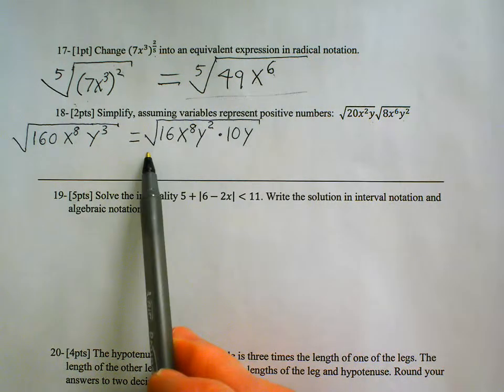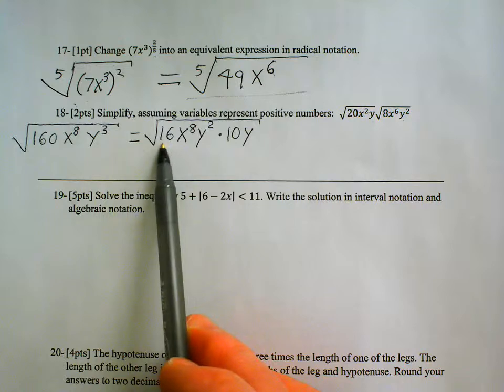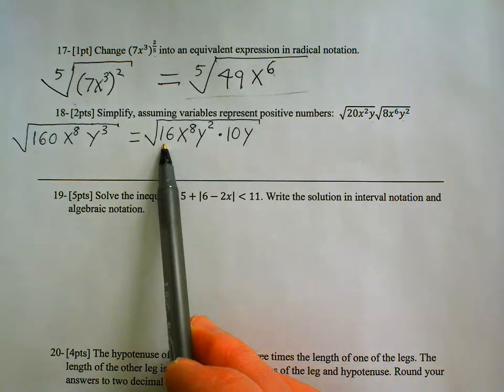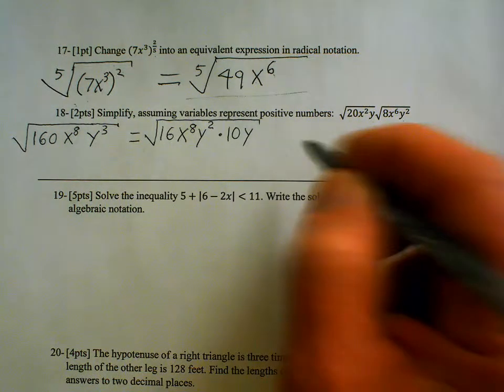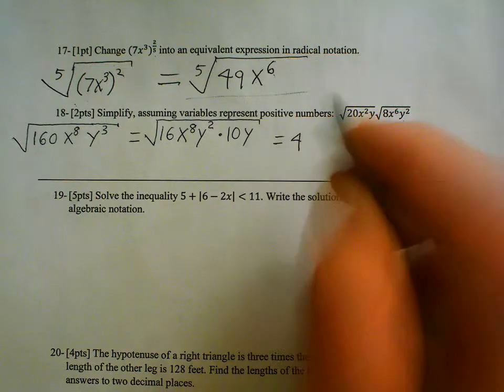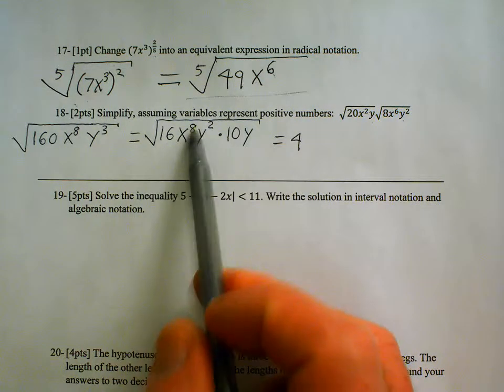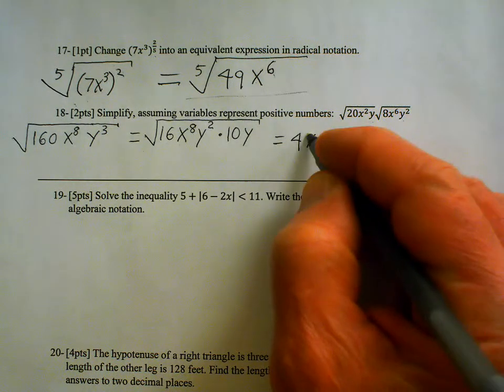And then we can simplify the square roots of the perfect squares. The square root of 16 is 4. The square root of x to the 8th is x to the 4th.